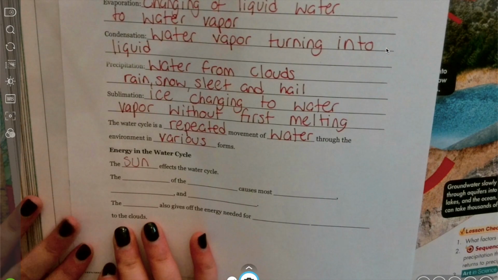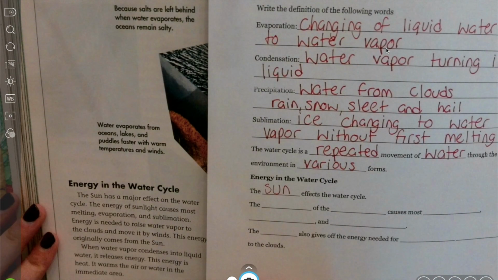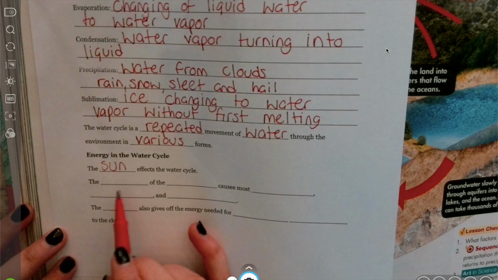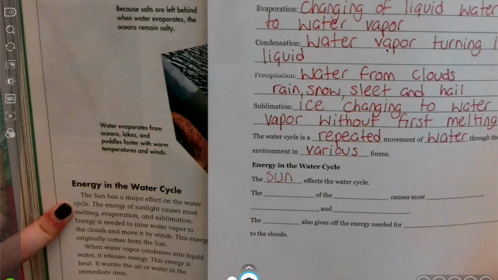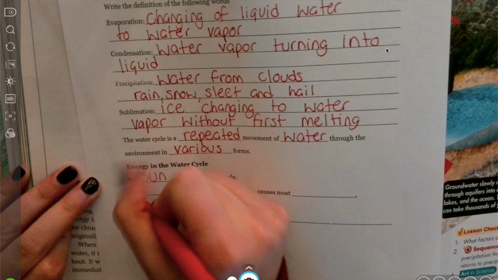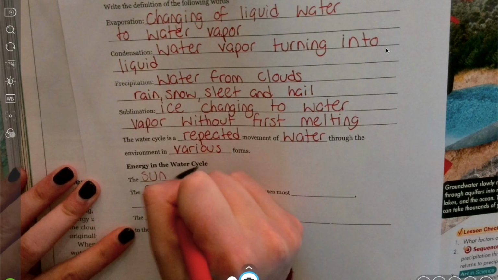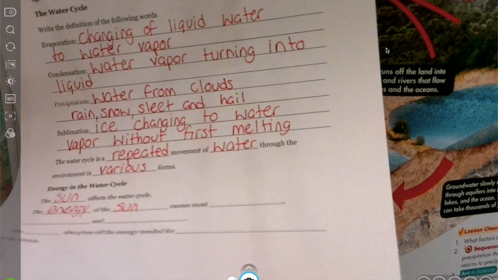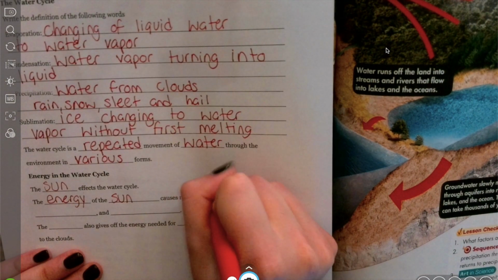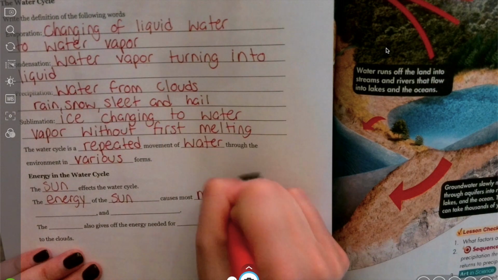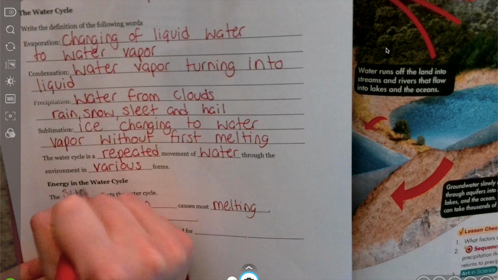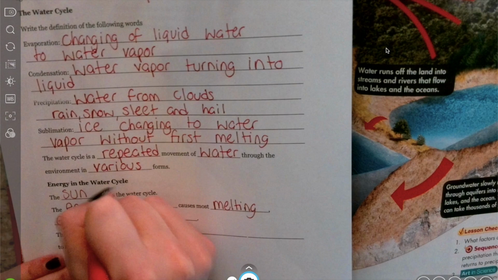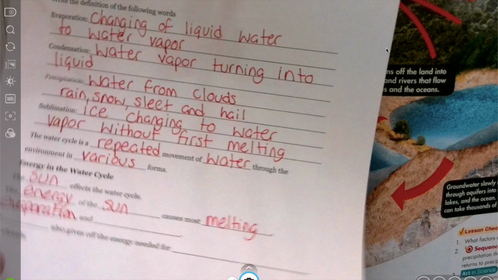So just going through that, this last section: the energy of sunlight causes most, so the energy of the sun causes most melting, which makes sense, evaporation, and sublimation.